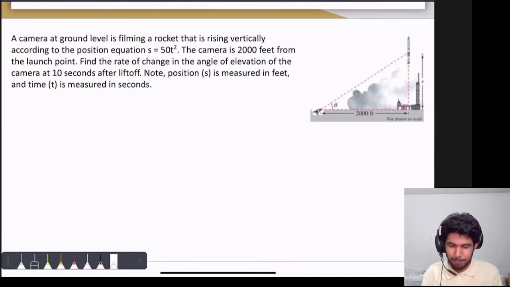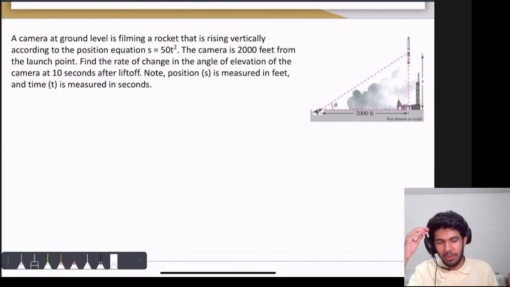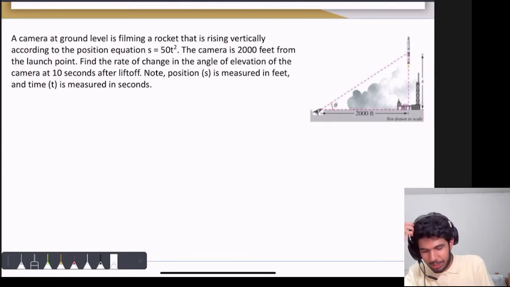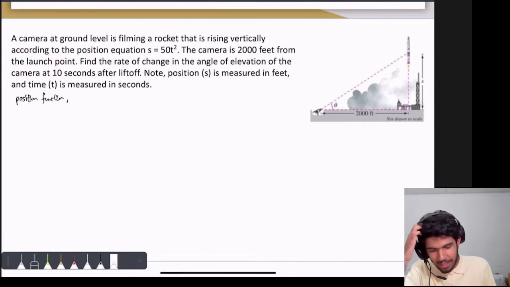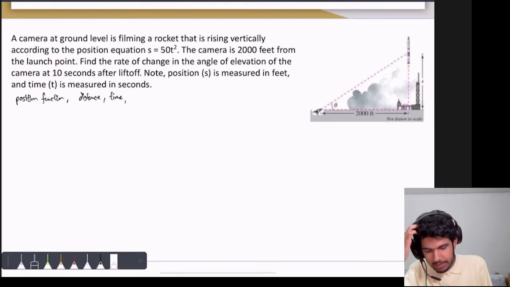Whoa, okay. So, what are some things we're given? We're given a position function. We're given a distance that the camera is. We're given a time, 10 seconds, and we want to find the angle of elevation.